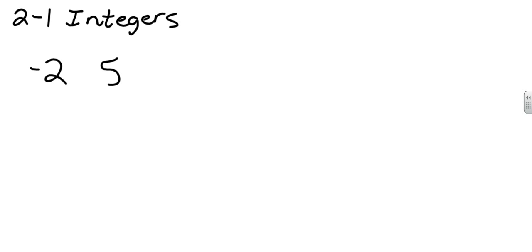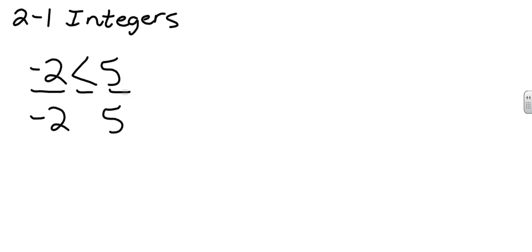I would take the -2 and the 5, and I would write it two ways, okay? In this case, this is the old alligator mouth going to eat the biggest one. So what that is telling you is -2 is less than 5.